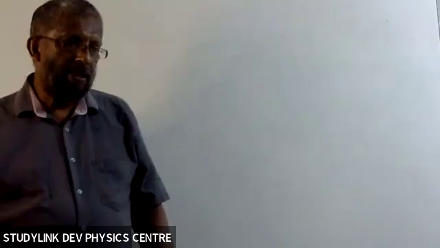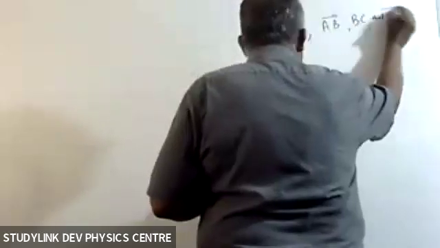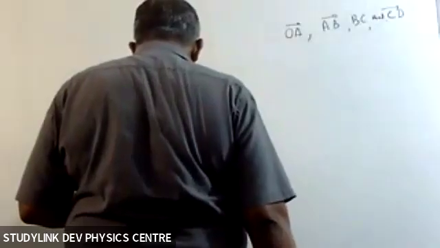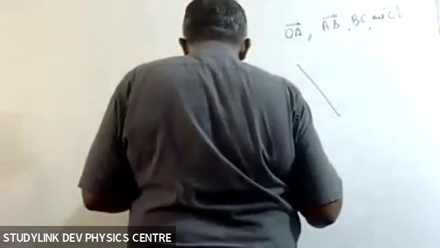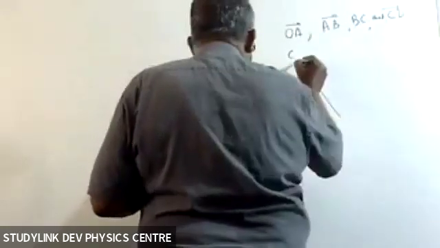Four forces acting on an object are given by vectors OA, AB, BC and CD. The diagram shows the values.